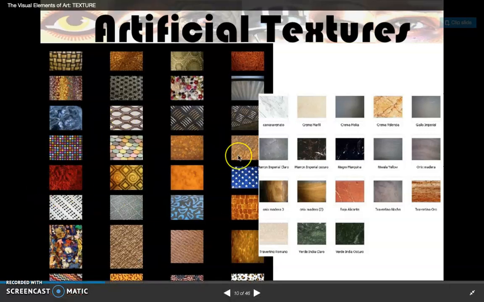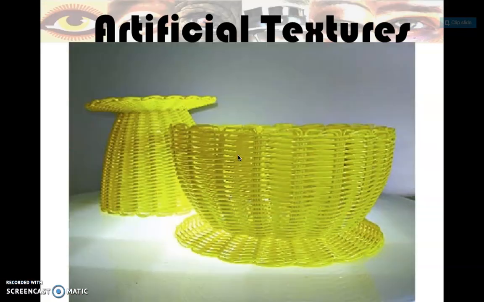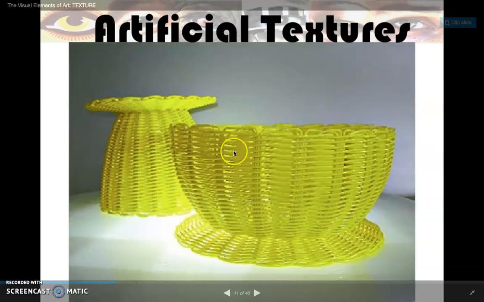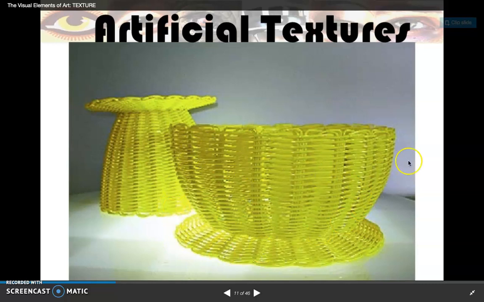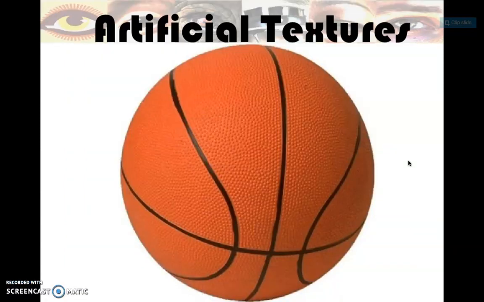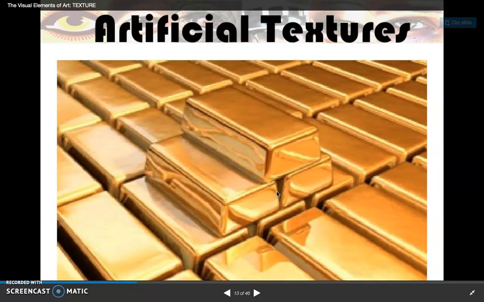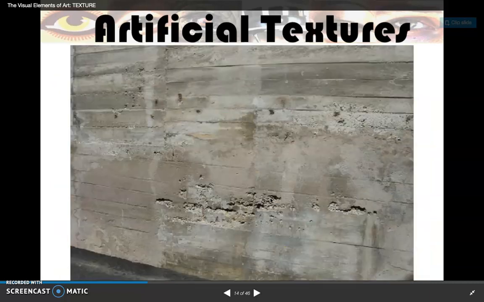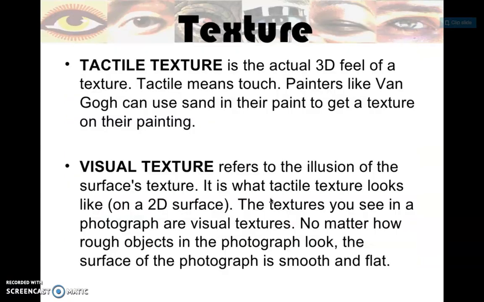These are shapes or lines that repeat. These are artificial because they're not from nature. But if you were to touch this, it's woven. It's artificial texture, but it is texture that you touch and you can feel. You could say this is bumpy, slick, rough, concrete, right?